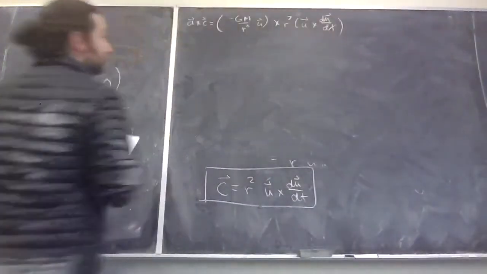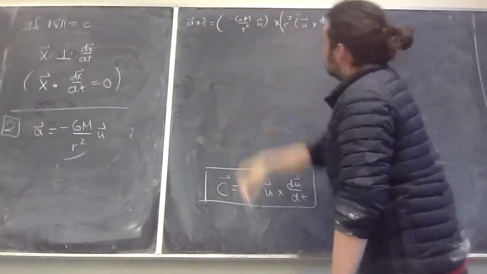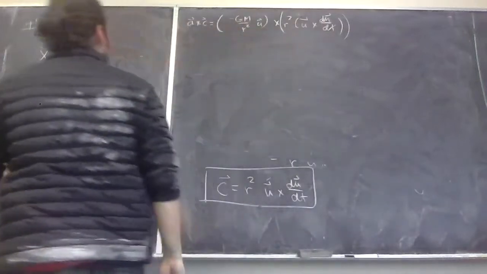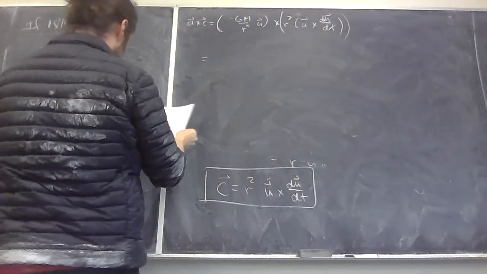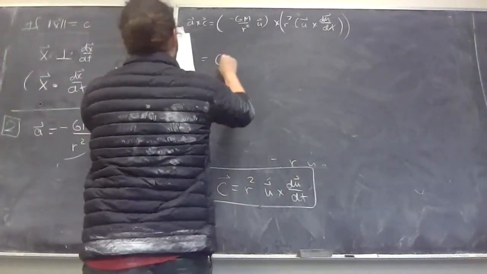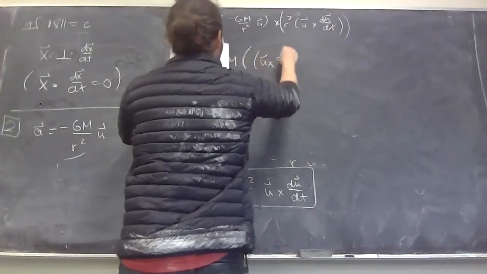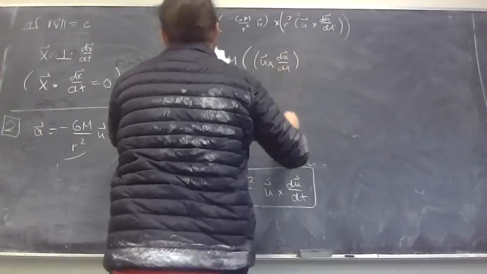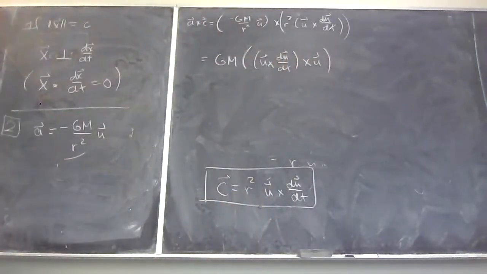Is it just crossing with U and not with R? It's all of this, it's all of that. Sorry about the ambiguity in the notation. After a bunch of algebra, which you can read in the notes, you end up with GM times U cross du/dt cross U. So it's cross products all piled up together.